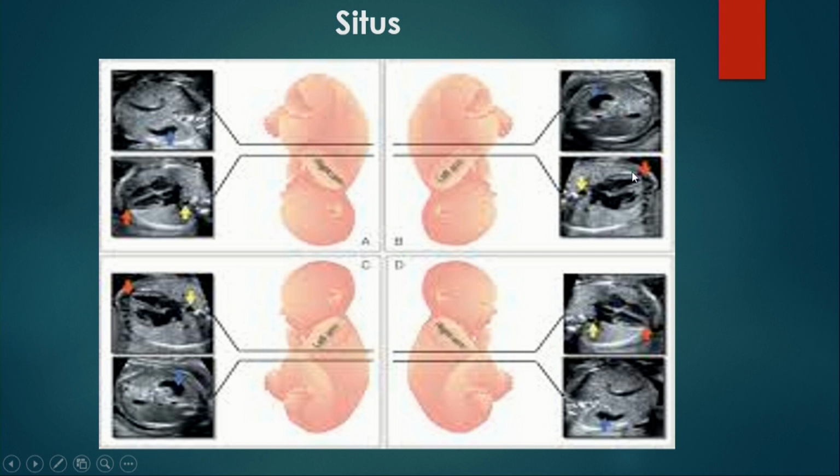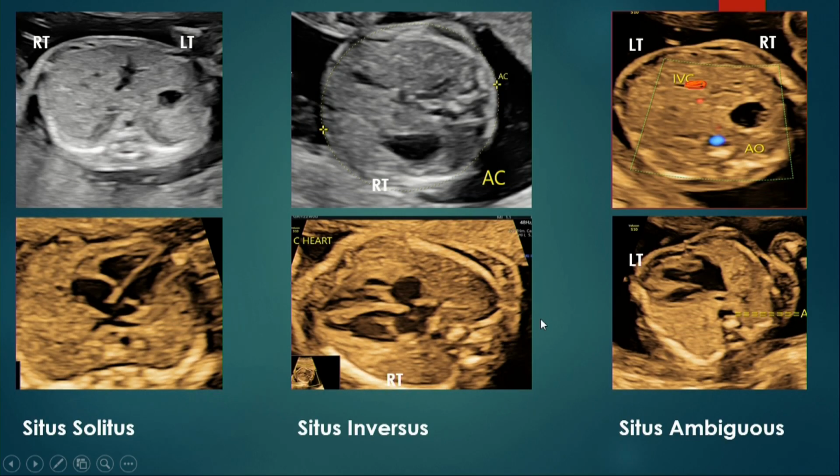So this is the left side, cardiac apex on the left. If the fetus is in breech presentation, the spine, stomach, umbilical vein are in an anti-clockwise rotation. So this is the left side, cardiac apex on the left side. Here again breech, you can see spine, stomach, umbilical vein in an anti-clockwise direction.